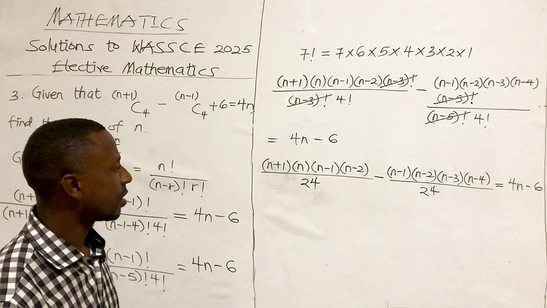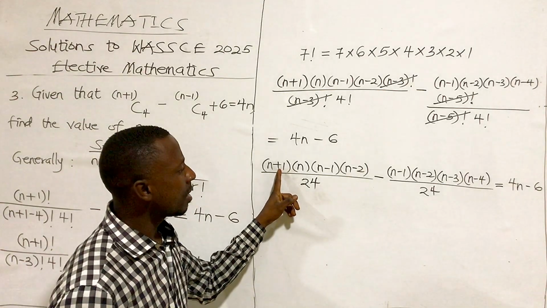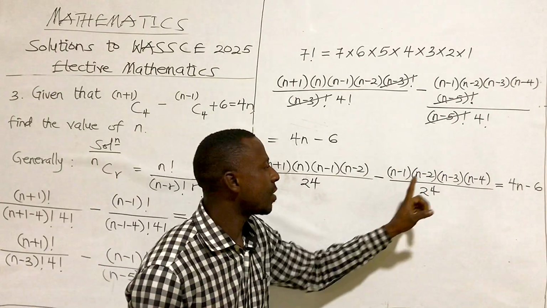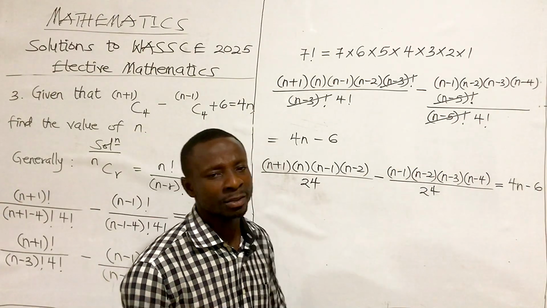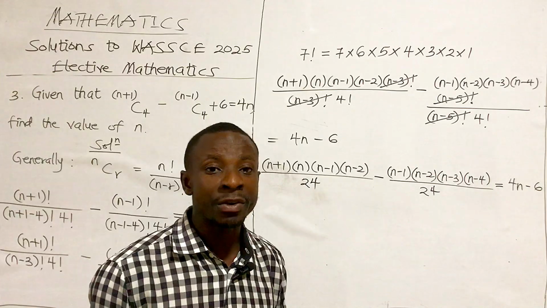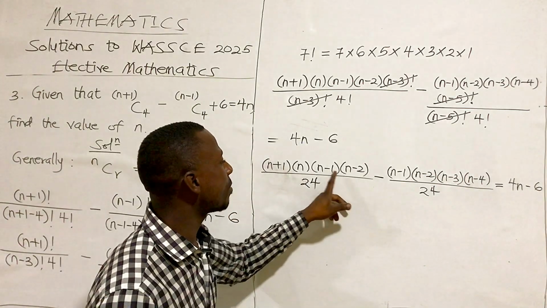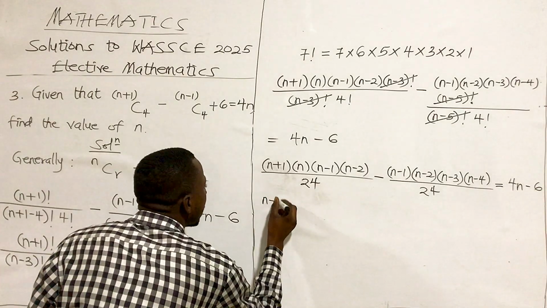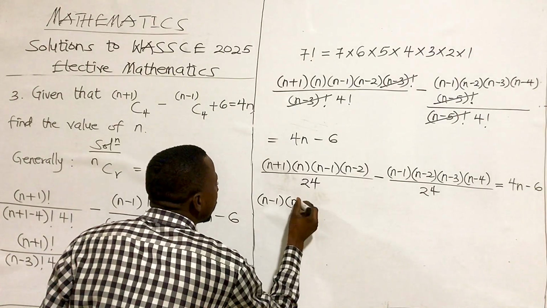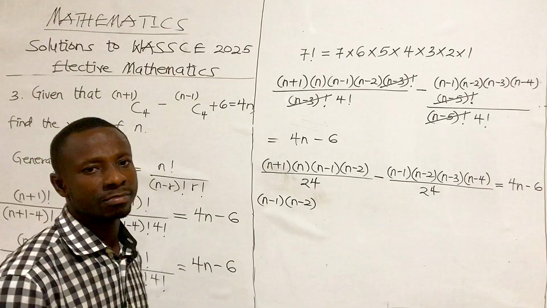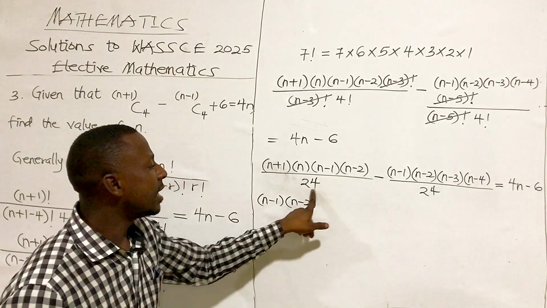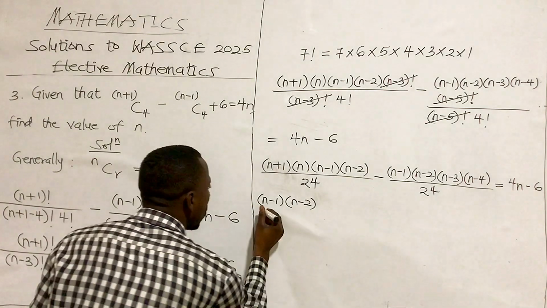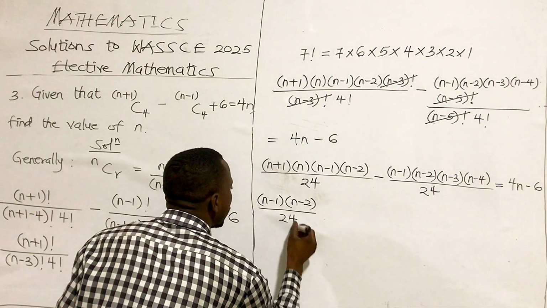From here, we have n minus 1, we have n minus 2. And from here, we also have n minus 1, n minus 2. So for it to be very easy, we are going to factor n minus 1, n minus 2 out. So we have n minus 1, n minus 2. Then they all have common denominators. So all over 24.